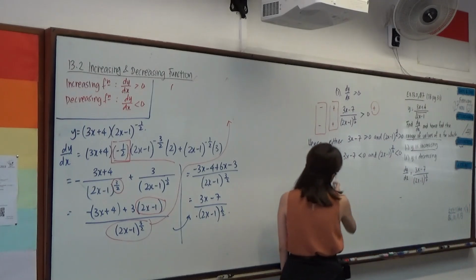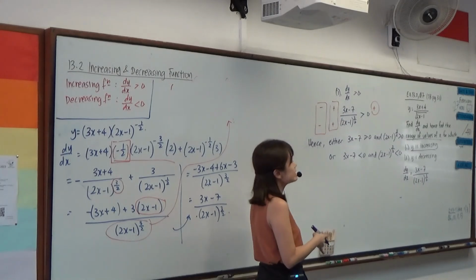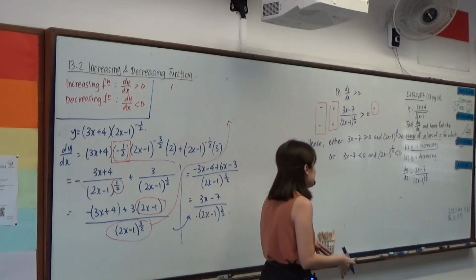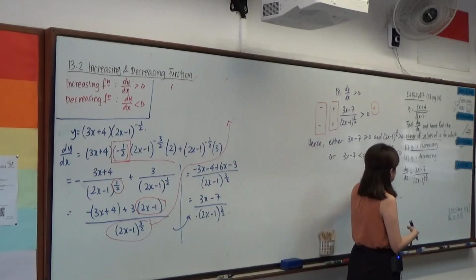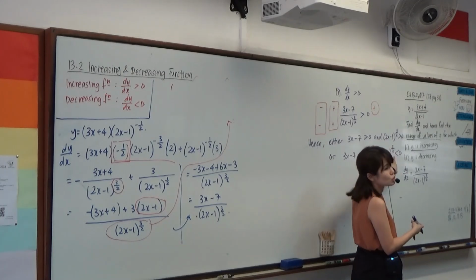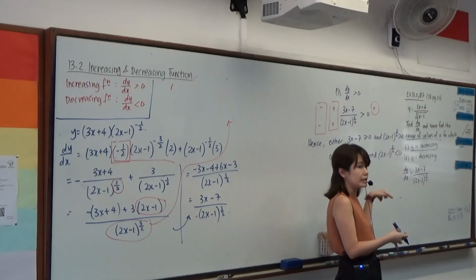So the thing is that out of these 2 cases, what is actually logical? Sometimes at this stage we can actually go about eliminating the case already. Let's look at understanding this part here, having (2x minus 1) to the power of 3 over 2. Over 2 means to take square root, right?